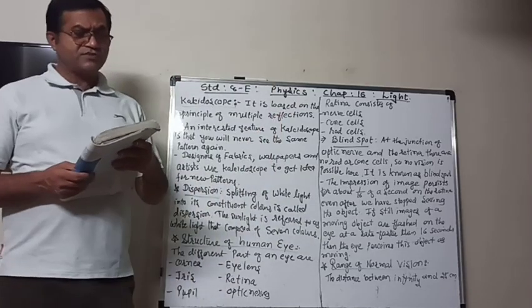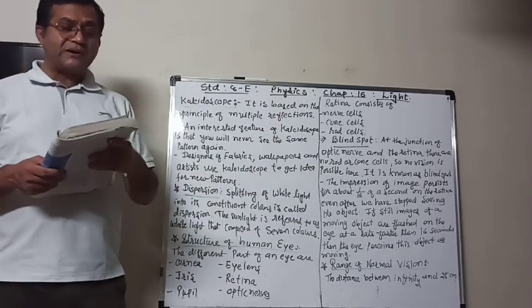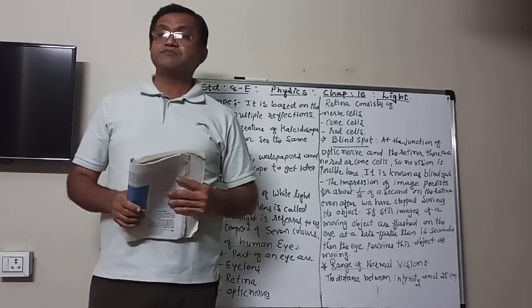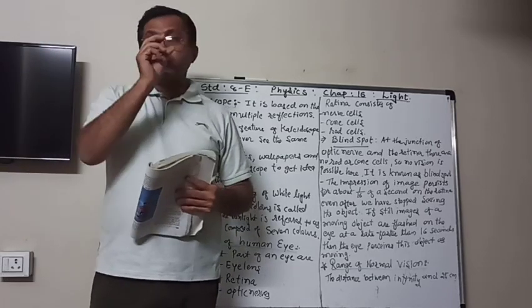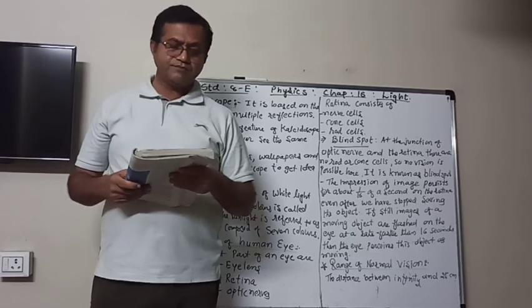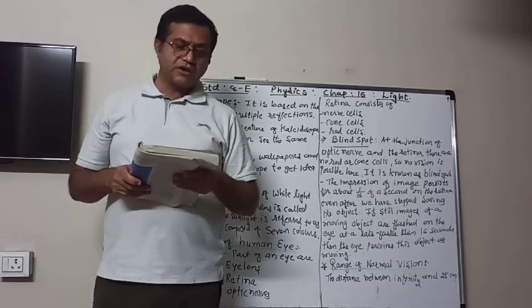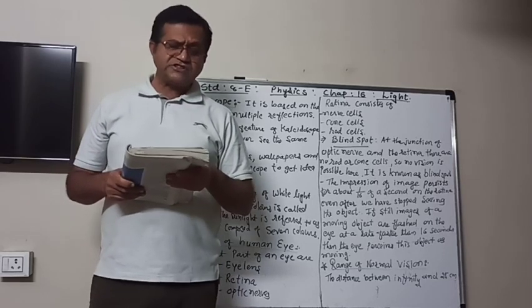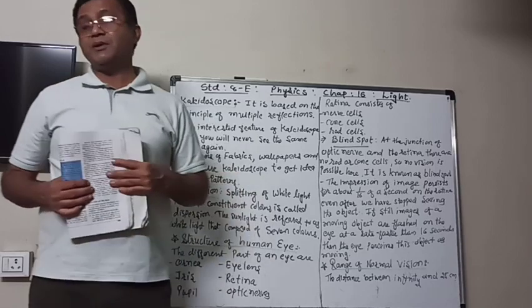Behind the cornea we find a dark muscular structure called the iris. You can see that in the eye. Behind the cornea you can see the dark colored, big round muscular structure. It is called the iris, and in the iris there is a small opening called the pupil.